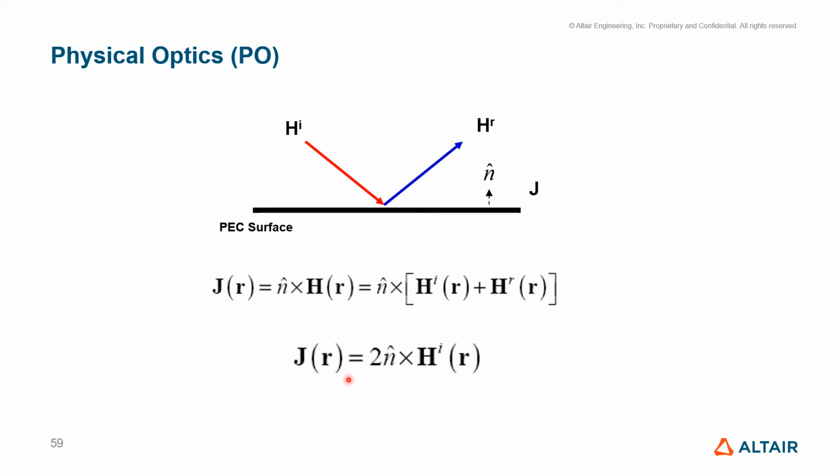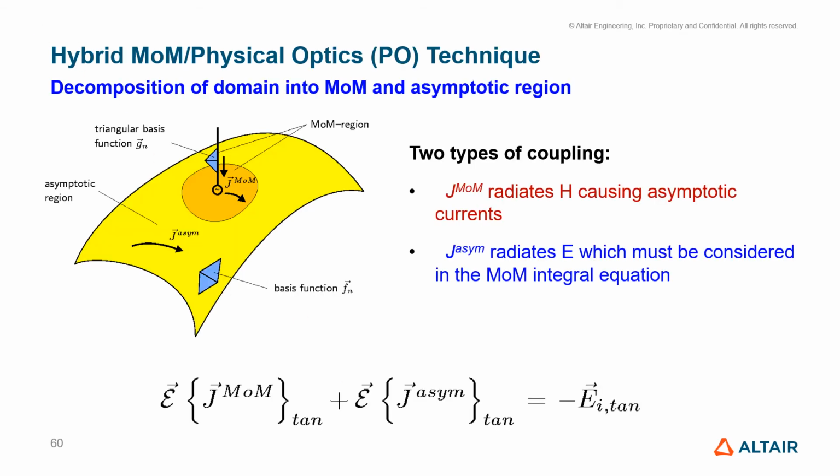Then it becomes practical to apply this to different types of problems we have at hand. But we have to keep in mind that the origin of physical optics comes from the solution of Maxwell's equations for an infinite ground, and we're taking it a little further by approximating it and applying it to finite structures. Physical optics can be hybridized with the method of moments, as shown in this picture here.